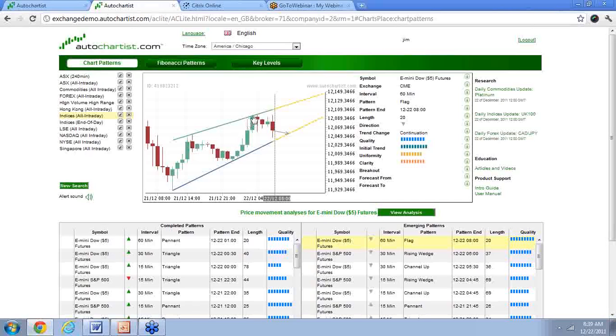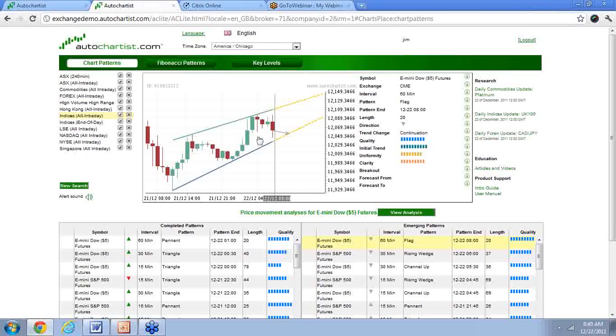Now after this top is made here, Autochartist went 1, 2, 3 bars, and then it said, okay, that's a good top. And now I see that a flag is formed. Again, a flag is a member of the channel family, so there's some distance between these points. They don't narrow like a triangle does, where eventually there's an apex.